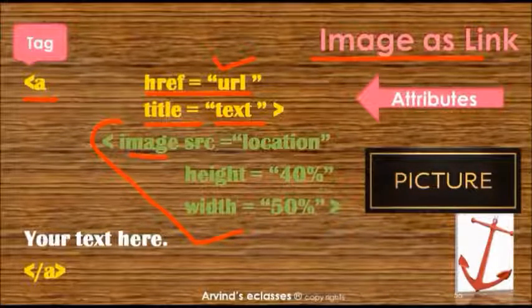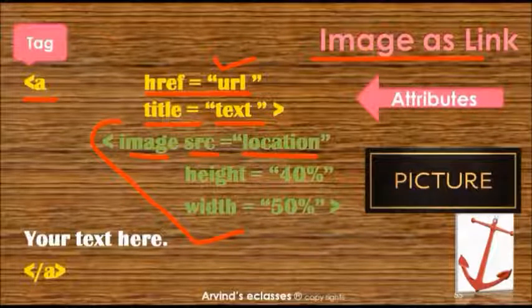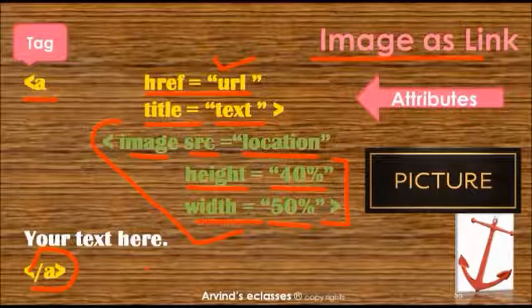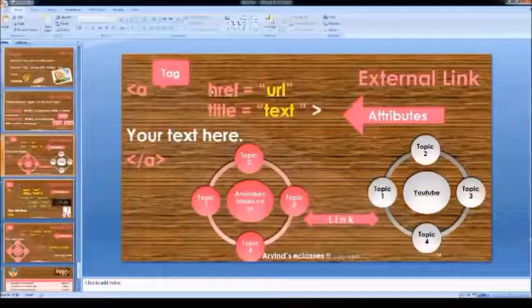So here we are using the image tag with its attribute src, where we give the path of the image, and its height that we give in percentage. The third attribute is width, which we also give in the same percentage. That is to define the dimensions of the image on the web page. So let us see practically how we can use this image tag.